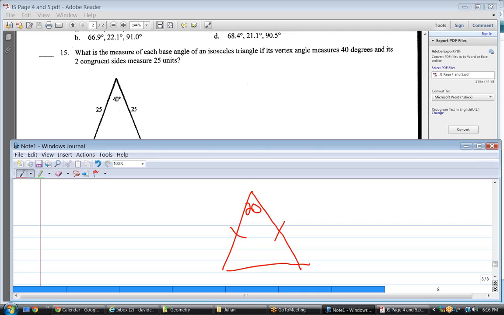140. 160. Wait, 80? Okay. So you took 180 minus 20.